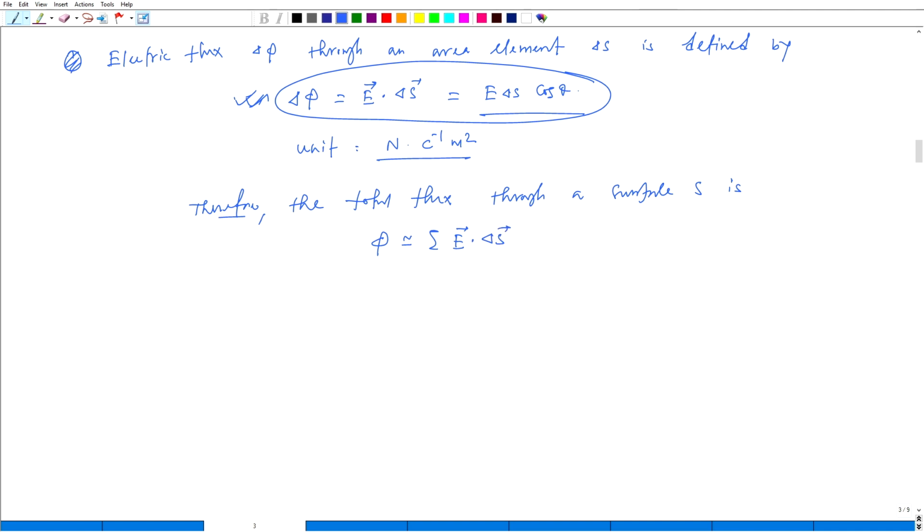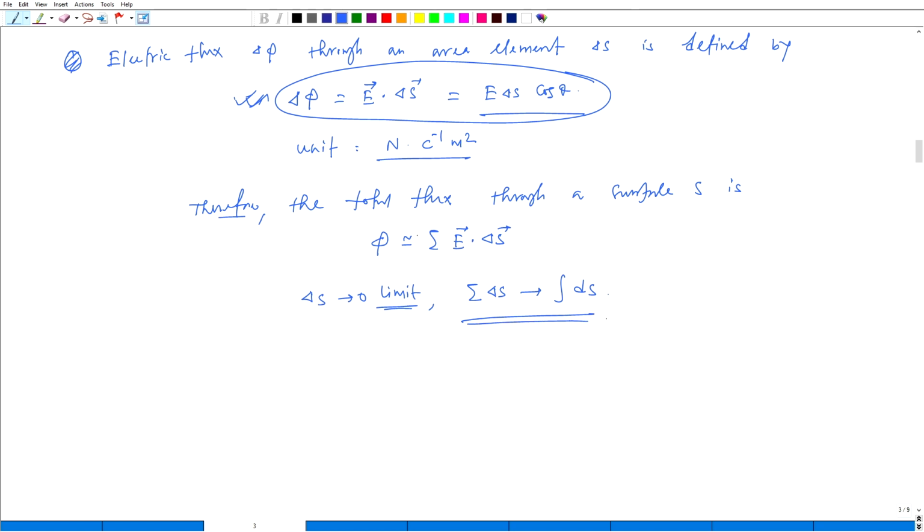In the delta S tends to 0 limit, the sum over delta S becomes an integral.